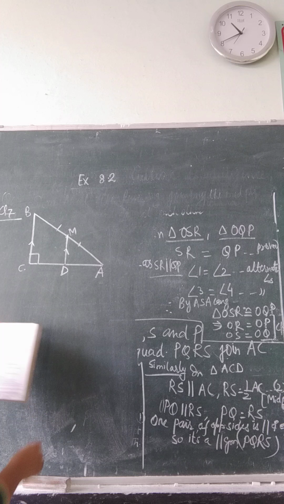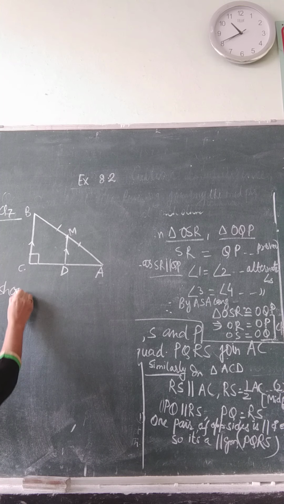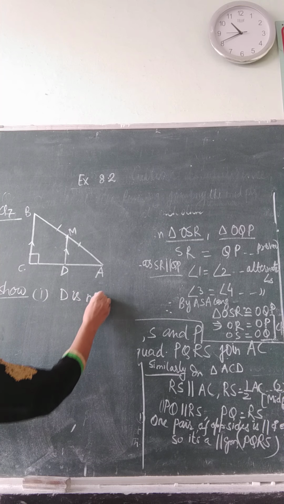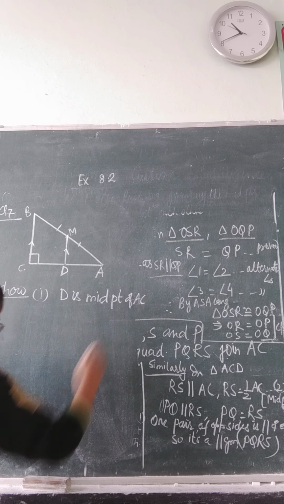Now, what we have to show, given I think you can write yourself, to show is, number 1, D is the midpoint of AC.